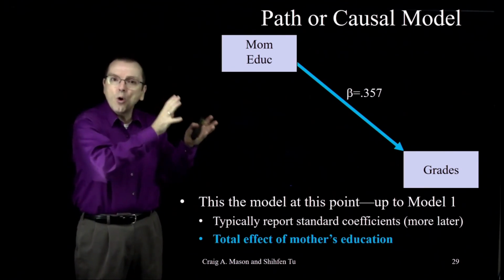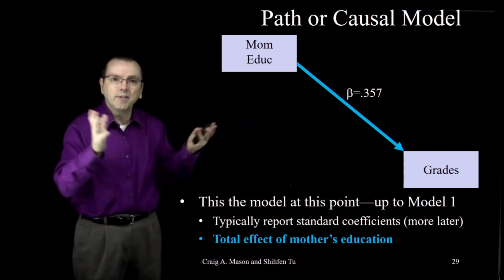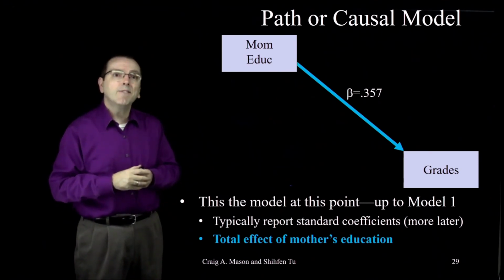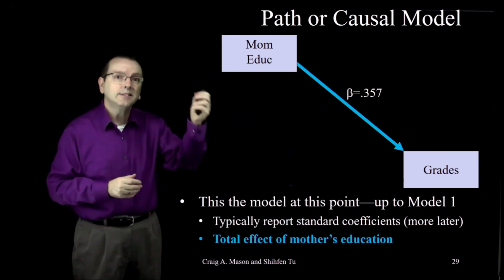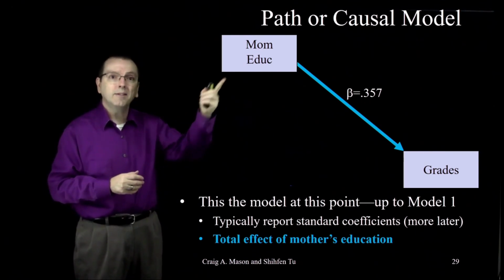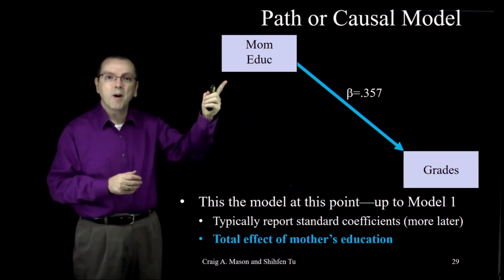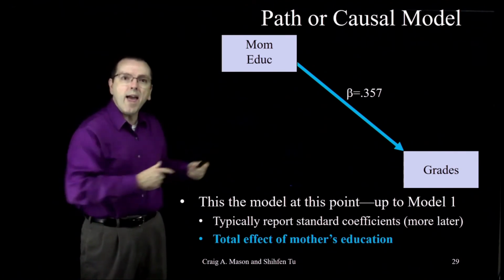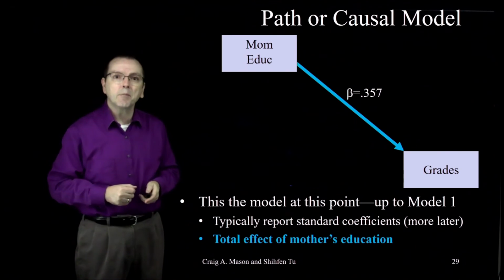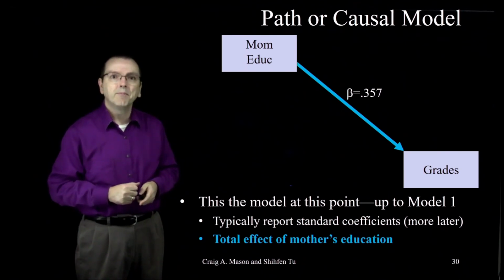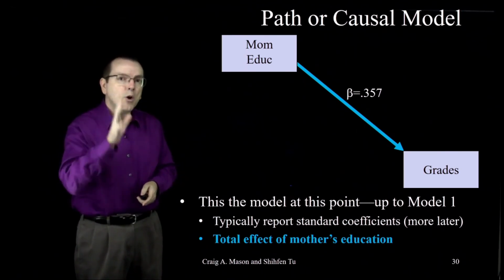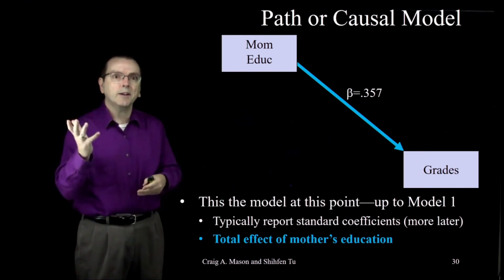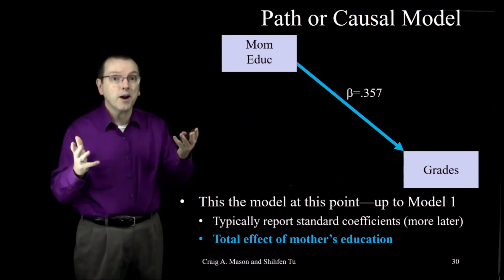And again, the total effect of a variable is seen in the effect that it has at the step it's entered into our model. This is where we've entered mom's education, right? And it's before we've added any of the other future variables into the model. Now remember, the total effect is equal to the direct effect plus any indirect effects.